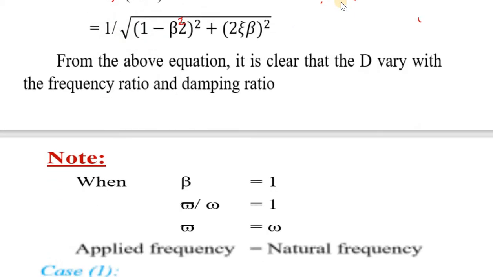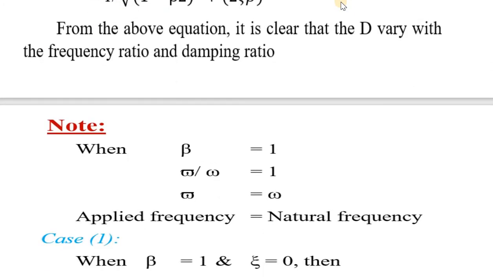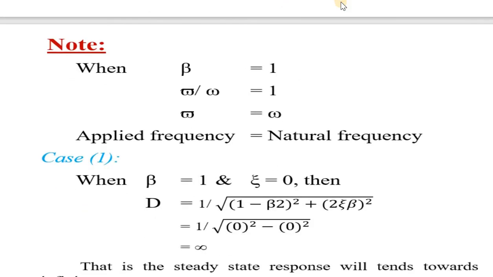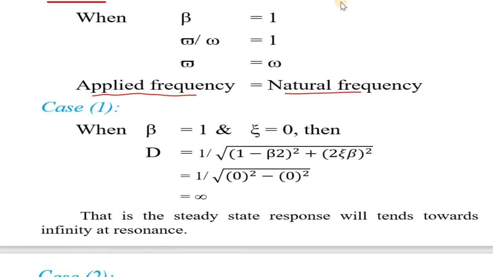Now some conditions are there. Sometimes beta can be 1, that is omega dash by omega. When the applied frequency is equal to the natural frequency, omega is the root of k by m, that may be equal to the applied frequency. Then the theta term will be 0. So two conditions can be there.